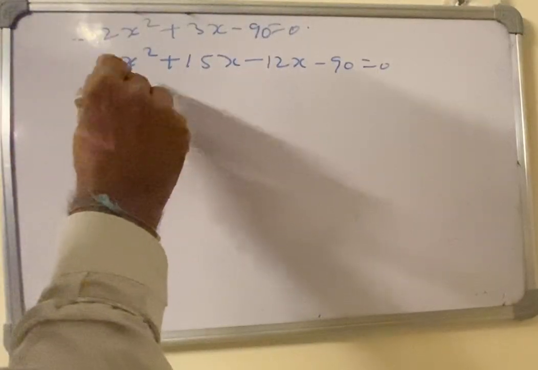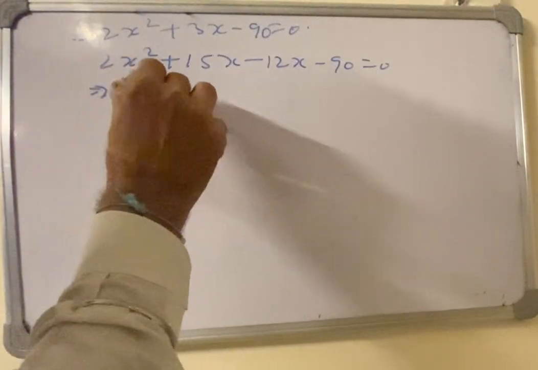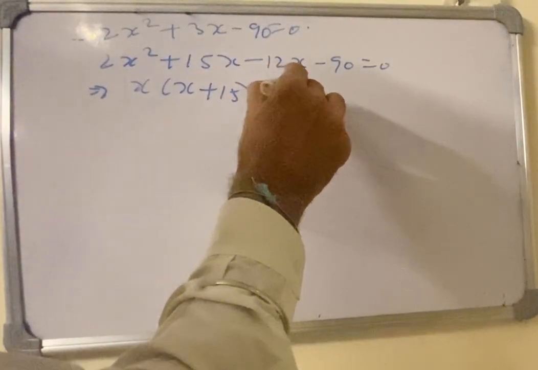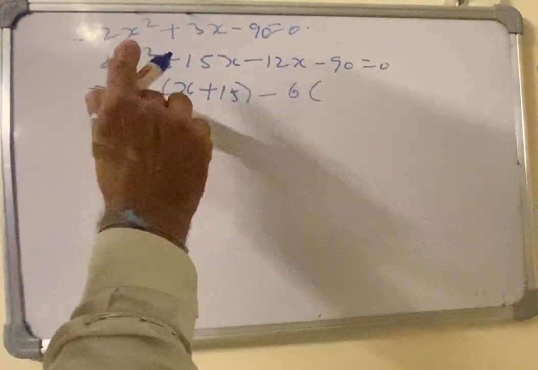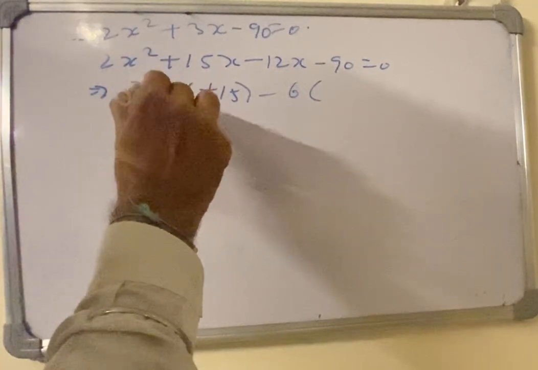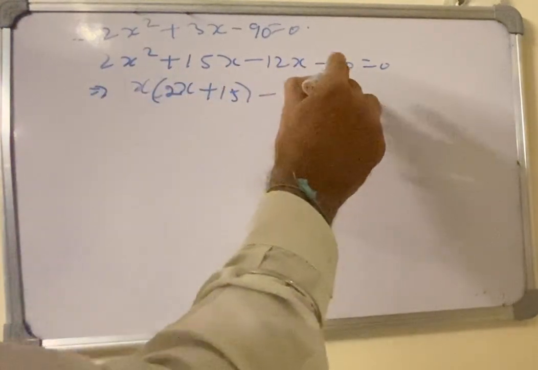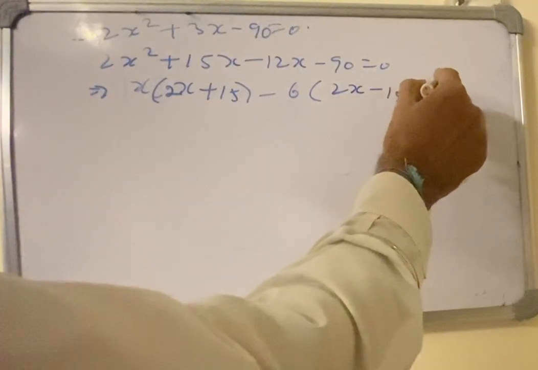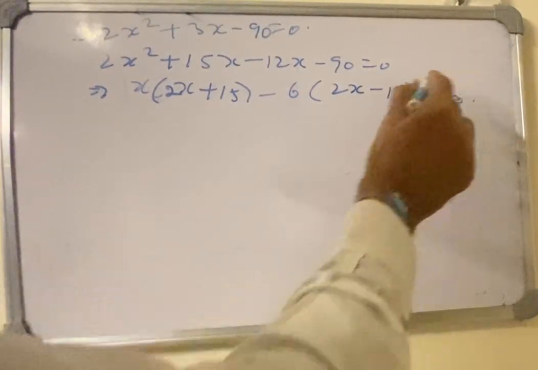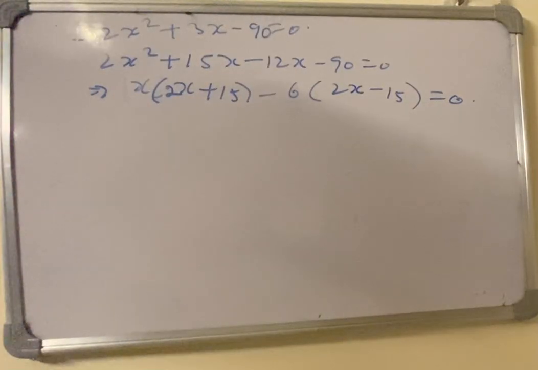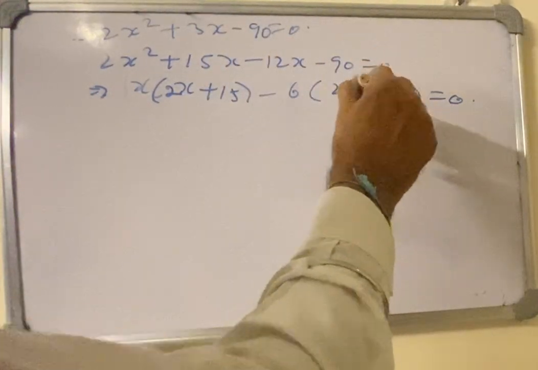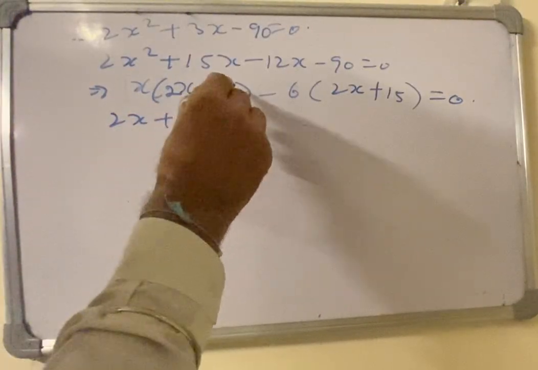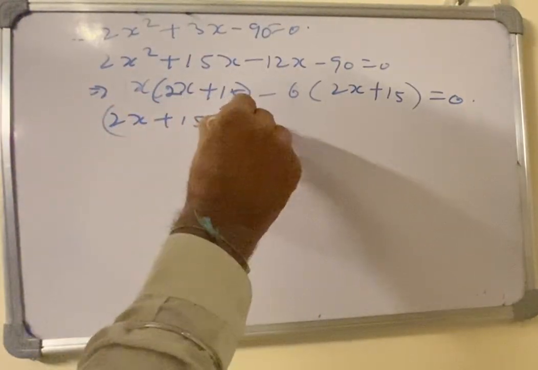Therefore, x common into (2x plus 15), minus 6 common, into (2x plus 15) is equal to 0. So (2x plus 15) is common into (x minus 6).